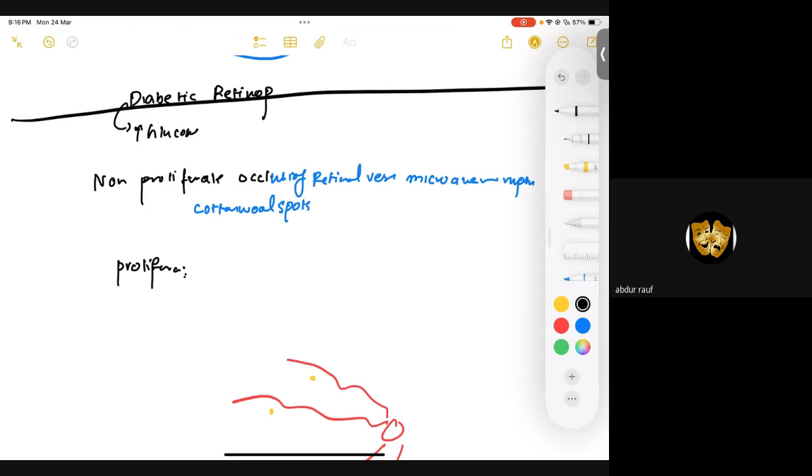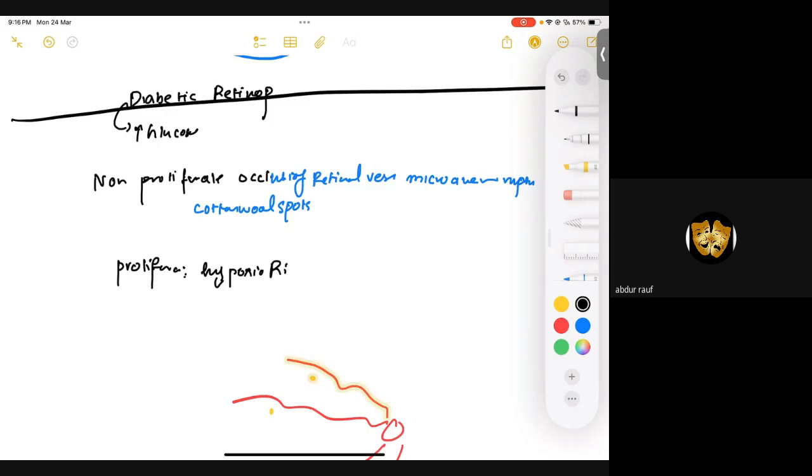The other variant is proliferative. As the name indicates, we are going to see proliferation. The idea is really simple. If the retinal vessels are occluded and undergo microaneurysm, again we are going to have chronic hypoxia of the retina.